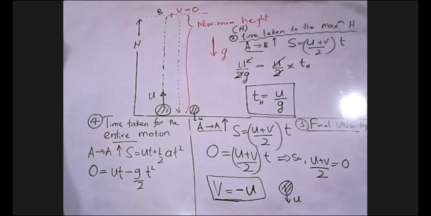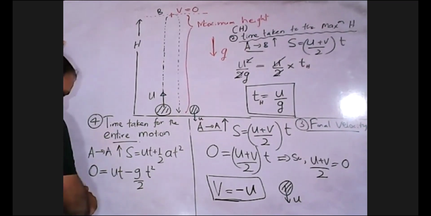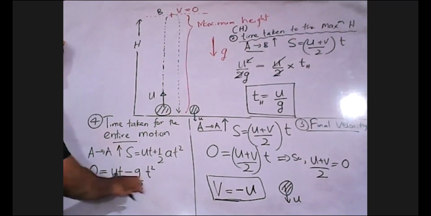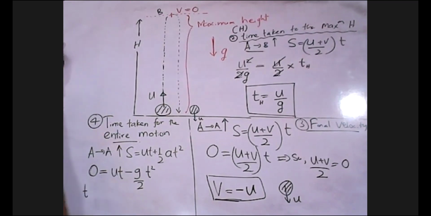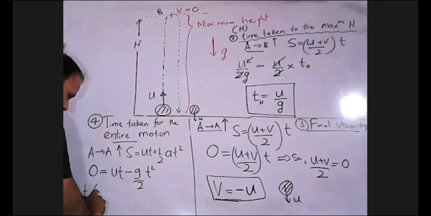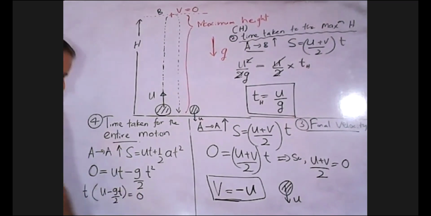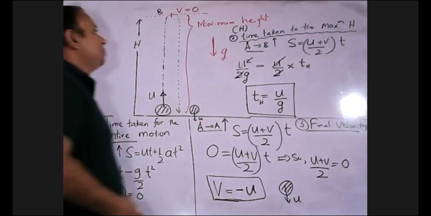Now there is a quadratic equation. For these two terms, t is a common factor, so you can take one t out. u minus g over 2 times t is 0.